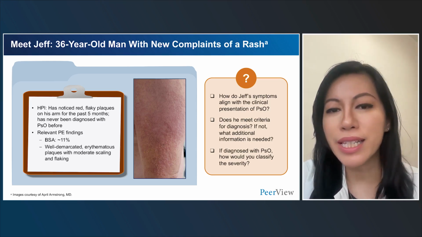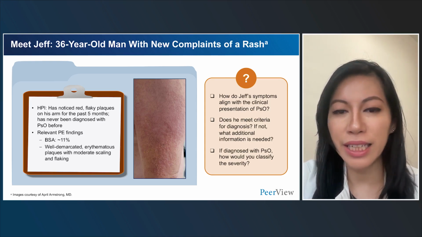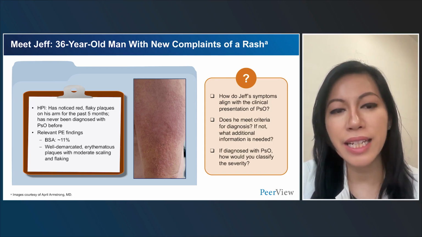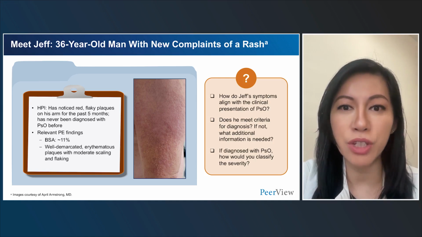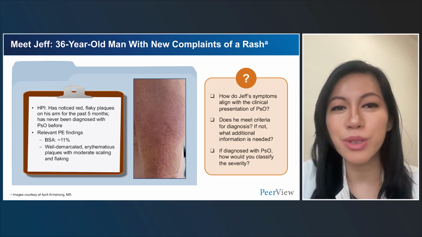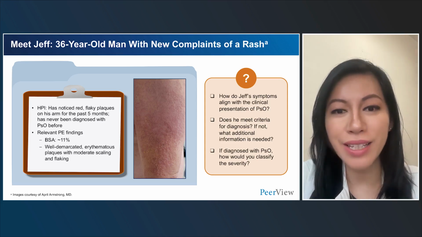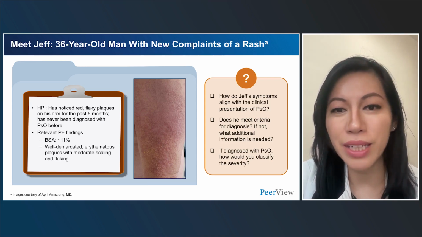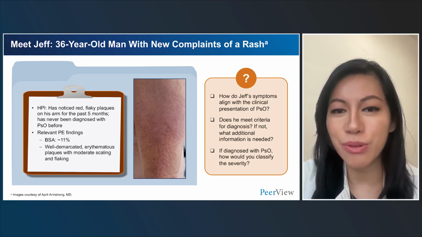Now, we know psoriasis can present differently in different patients. It's important that we not only look at the image of the leg, but also do a full skin exam of Jeff, especially checking for areas that may give us pathognomonic clues of psoriasis. For example, psoriatic involvement in the umbilicus is almost pathognomonic of someone having psoriasis.